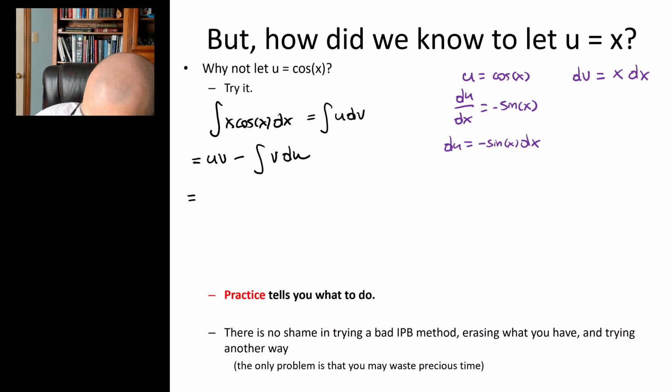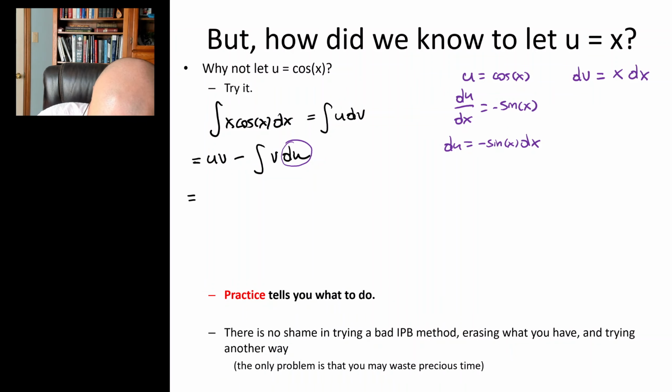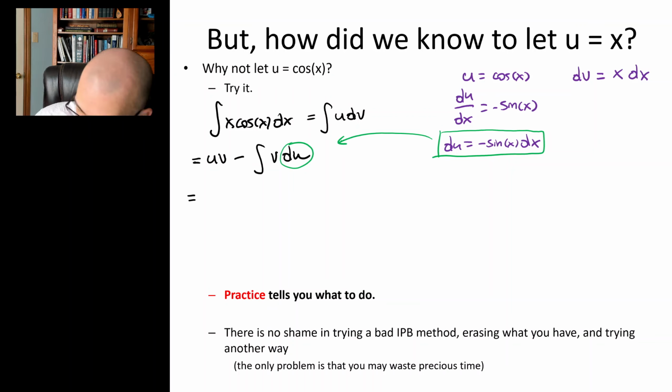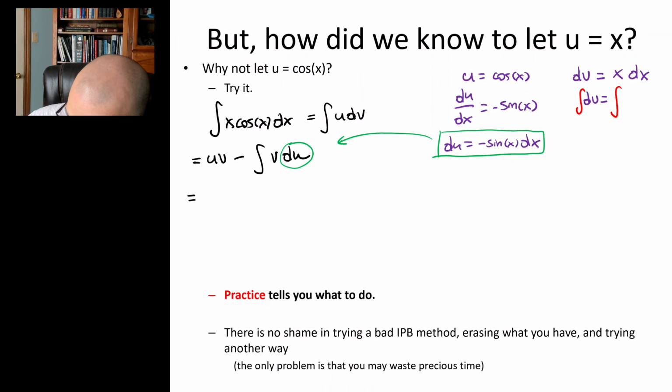So that's going to go here for du. And then for dv, I'm going to integrate both sides of the dv expression. Integral of dv is equal to integral of x dx. So v is equal to 1/2 x squared.